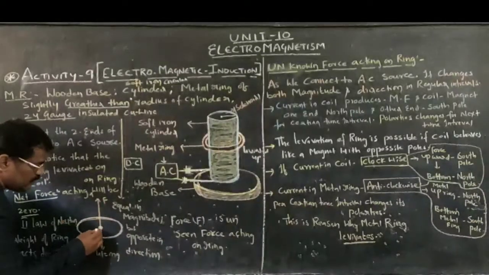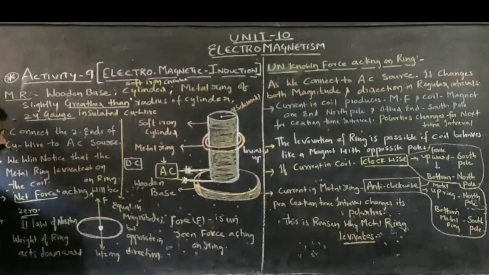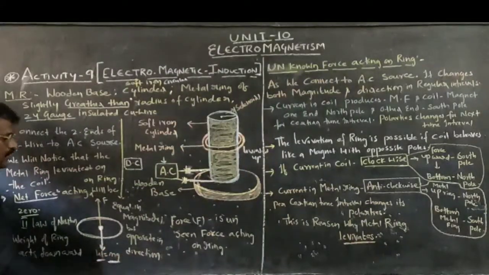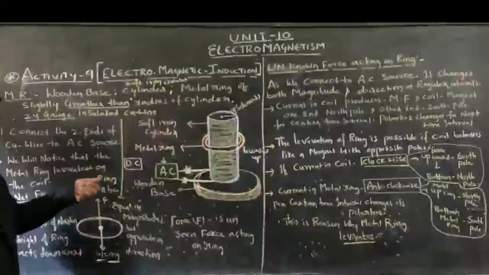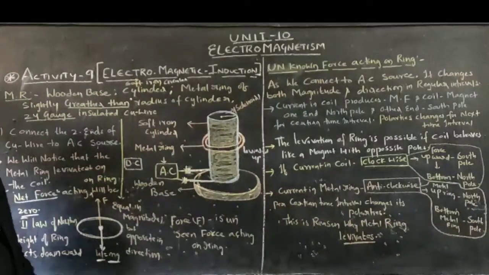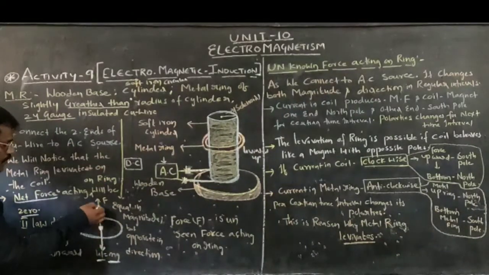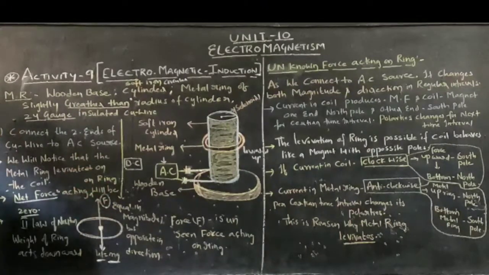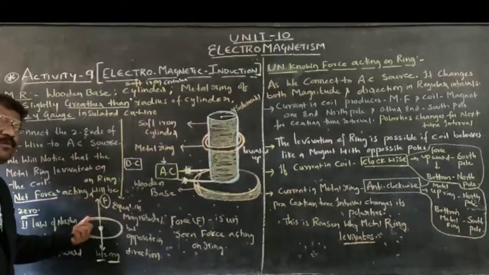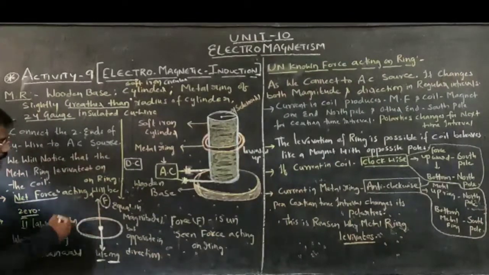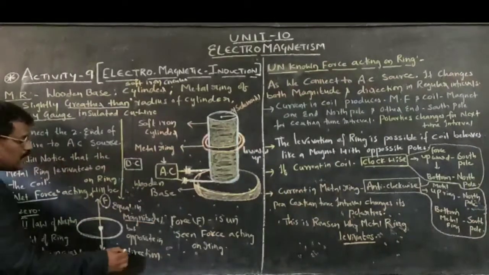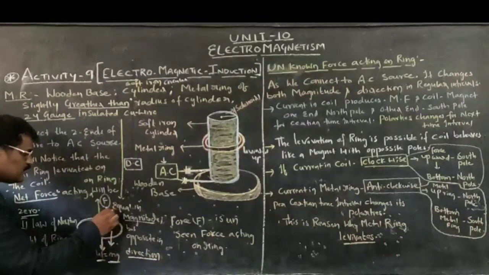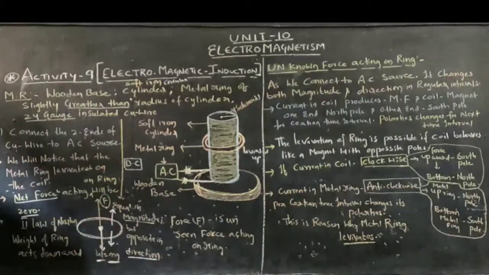If the net force is 0, there must be two forces. One is the weight of the metal ring, which always acts in the downward direction. Exactly opposite to this, an unknown force must be acting on the ring, equal in magnitude but opposite in direction, an upward magnetic force.